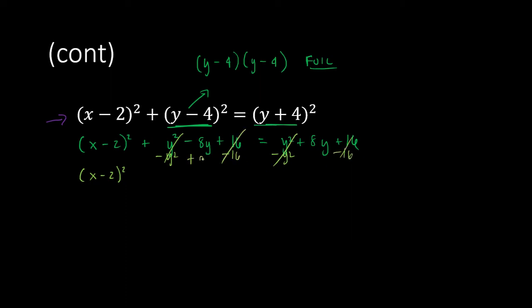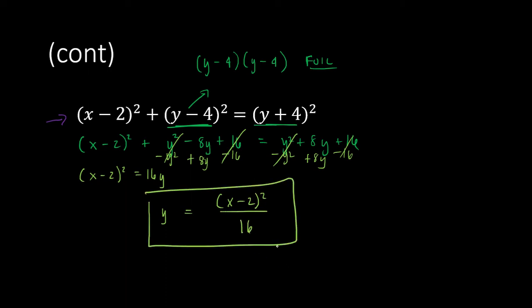If I add 8y to both sides, notice that my 8y's don't cancel out. I end up with 16y. Now all that's left, if I want to solve for y, is to divide by 16. So in the end, I've got y equals the quantity (x minus 2) squared over 16.